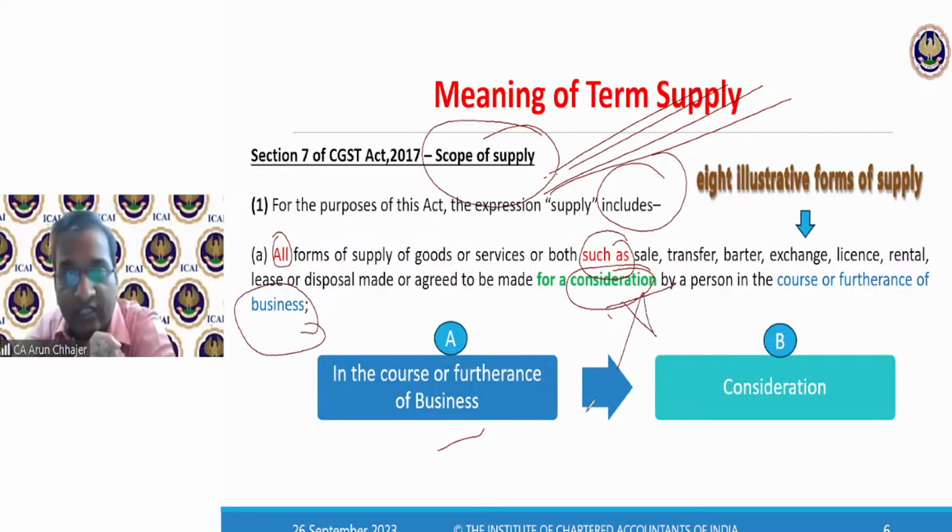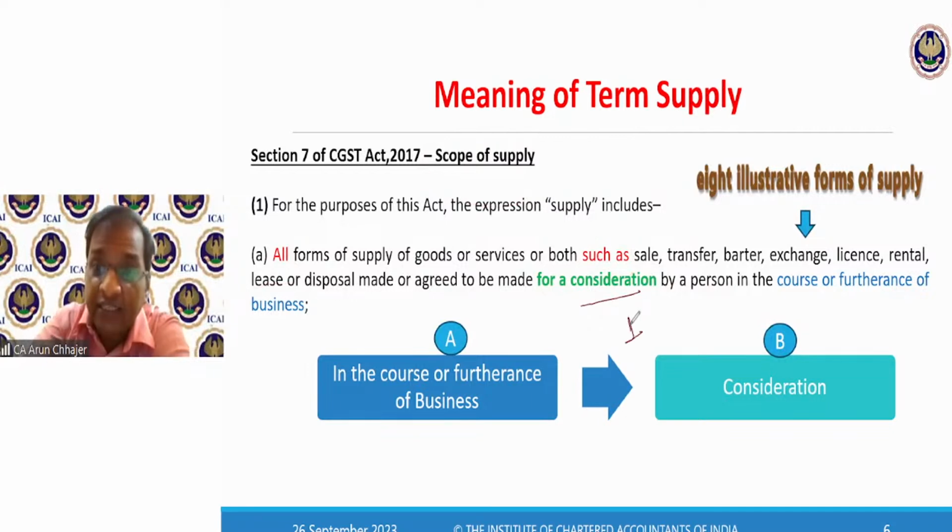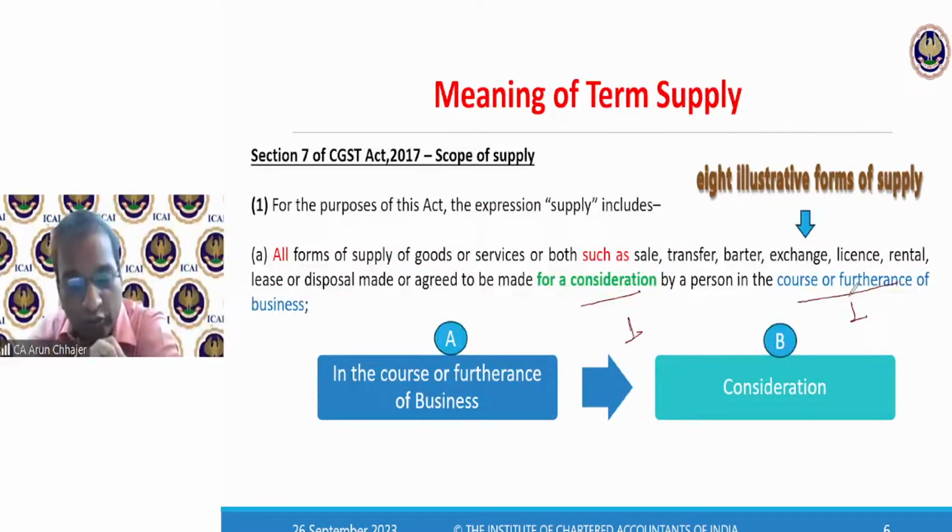There is no consideration. Please note, there is one exception for consideration. There is one exception for business also, which we will discuss in the subsequent clauses. But for clause A, what we have understood is that the 2 important elements have to be there: one is consideration and it should be in the course or furtherance of business.